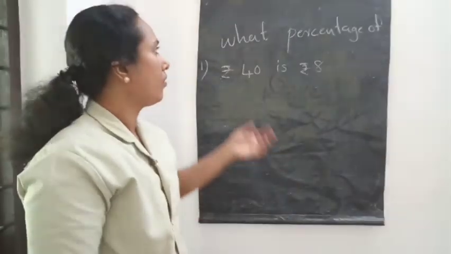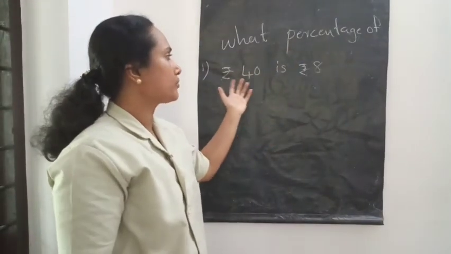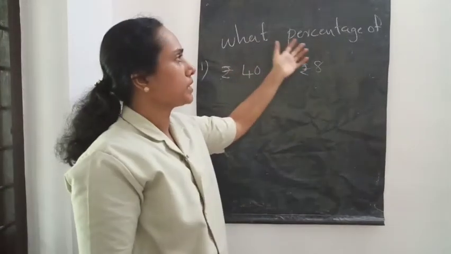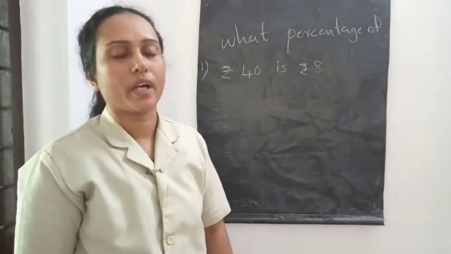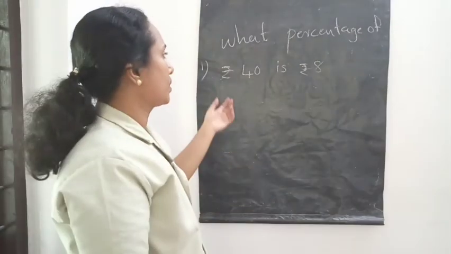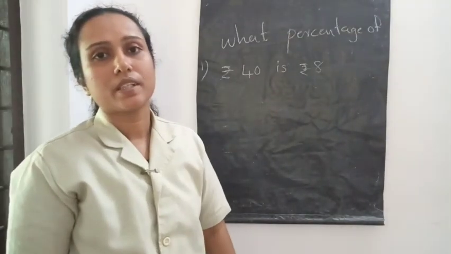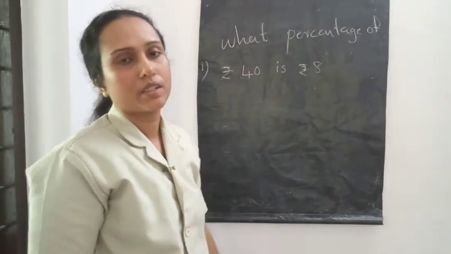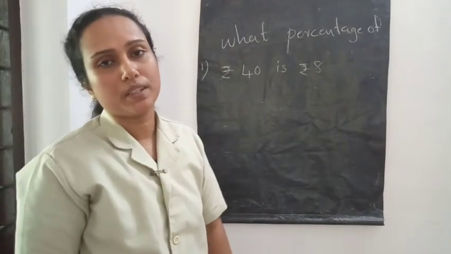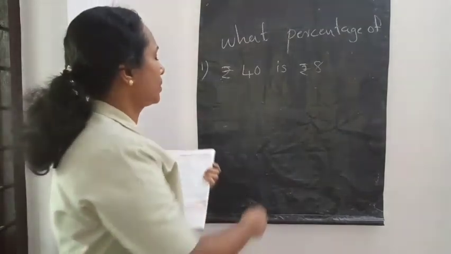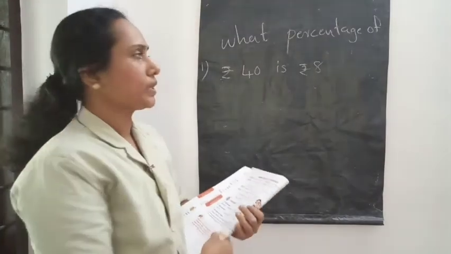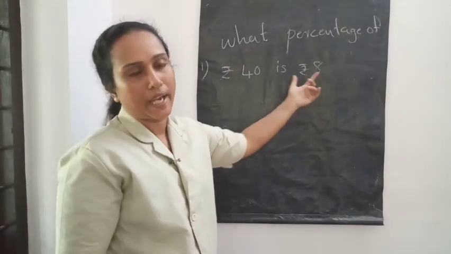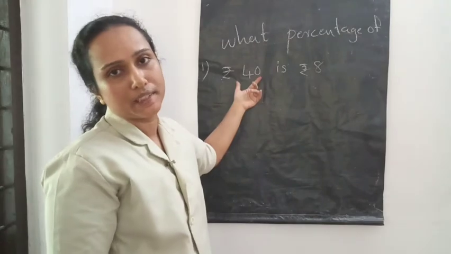Next question is what percentage of rupees 40 is rupees 8? To find what percentage one number is of another number, we write a fraction with the numerator as the given number and the denominator as the total quantity.